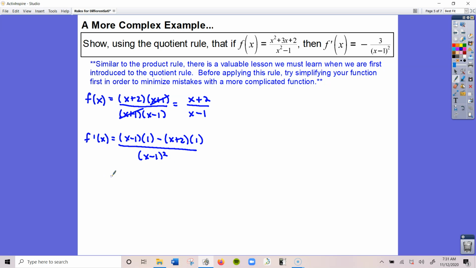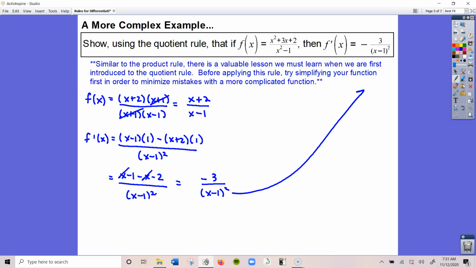Now if I distribute and combine like terms, I get x minus 1 minus x minus 2 all over x minus 1 squared, which when I work this out, these x's cancel, and I'm left with negative 3 over x minus 1 squared, which is equivalent to what we were trying to find.